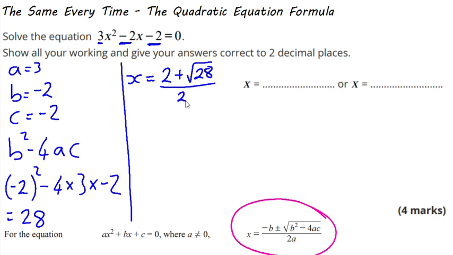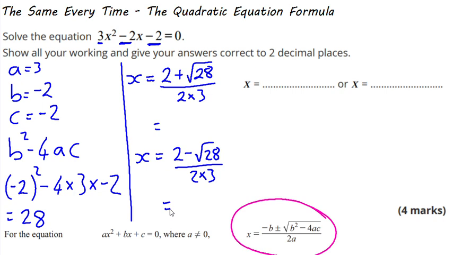Well, a was 3, so 2 times 3. I'll work that out later. And then my second solution is exactly the same thing, but instead of a plus sign, I've got a minus sign, so minus square root 28 divided by 2 times 3.